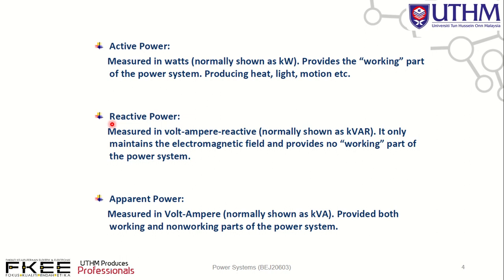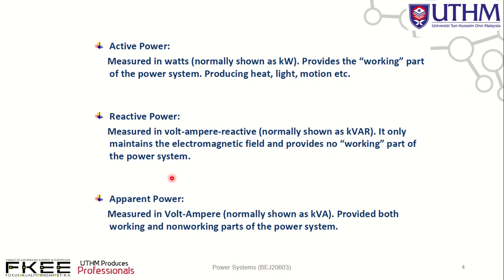Number 2, reactive power. What is the meaning of reactive power? Reactive power is measured in volt ampere reactive, normally known as kVAR, kilovolt ampere reactive. It only maintains the electromagnetic field and provides no working part of the power system.